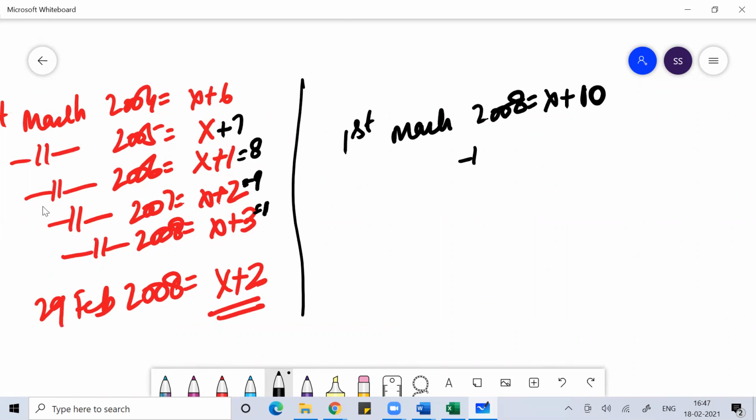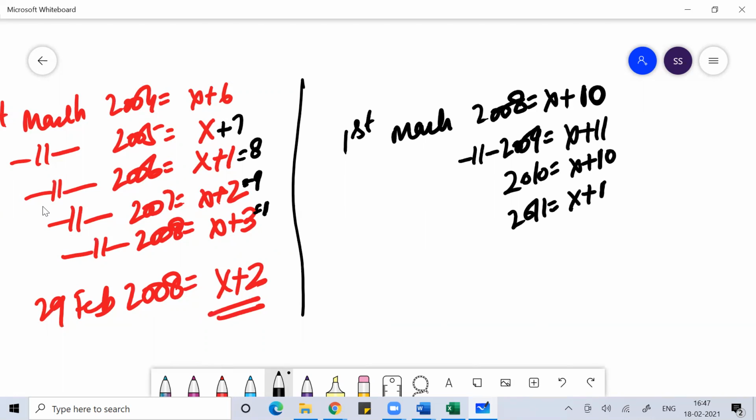So 2009 is x plus 11. Then 2010 is x plus 10. Then 2011 is x plus 11.